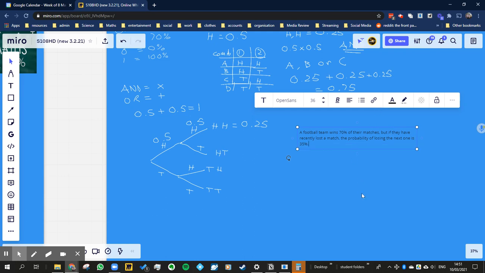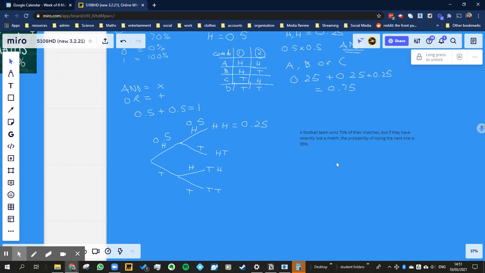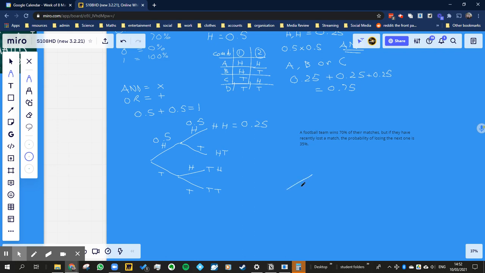Okay. So this time we'll do a probability tree. We've got them starting off with their first match. What happens? Do they win or do they lose? Now, we don't know, obviously, but we're looking at the different combinations. The 70%, we're going to turn that into 0.7. We could leave it at 70%, but they generally do probabilities in decimals, so we'll do that. Losing would be the rest of it.